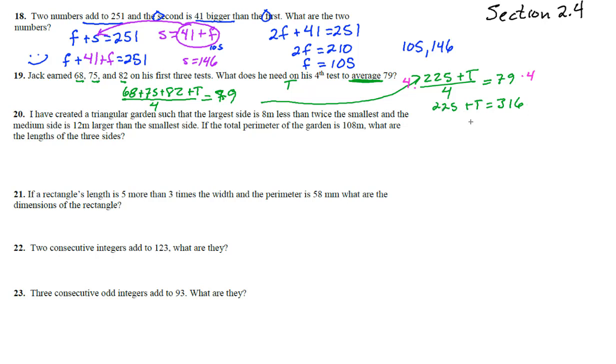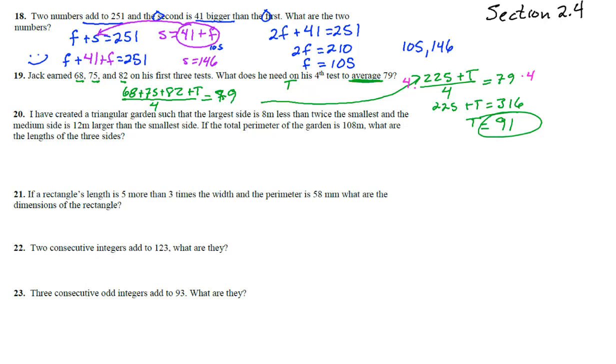Subtract 225 from both sides, and we get that T is 91. He has to score a 91 in order to average 79, because of the scores that were below 79. So he must get a 91 on his fourth test.